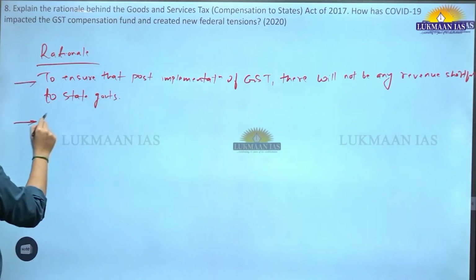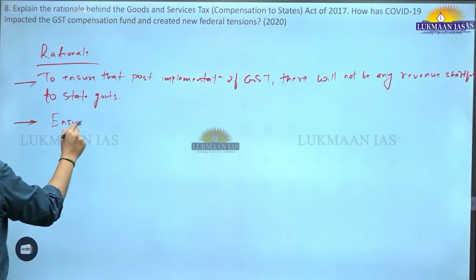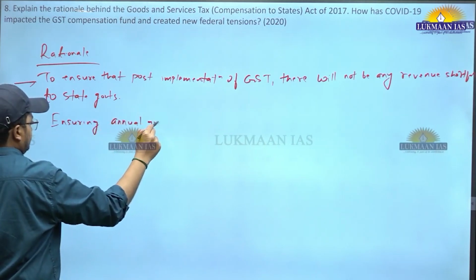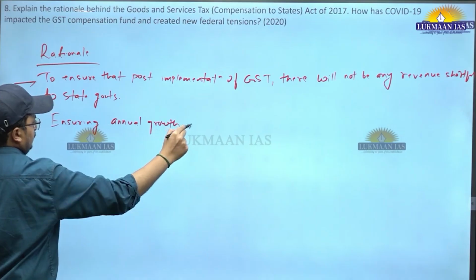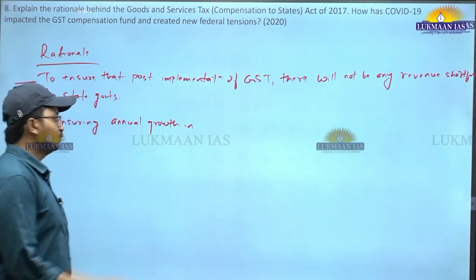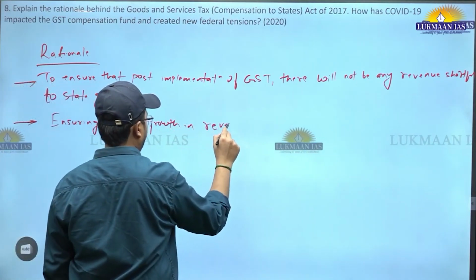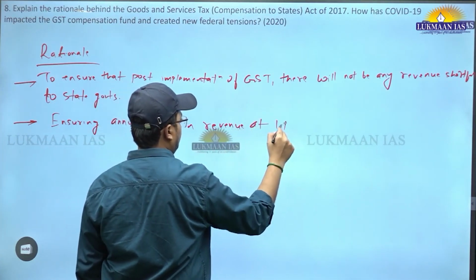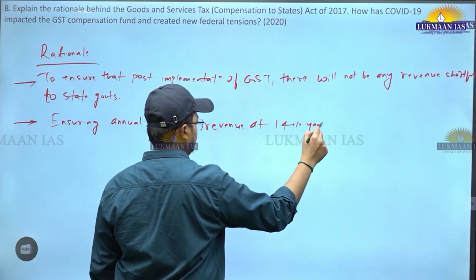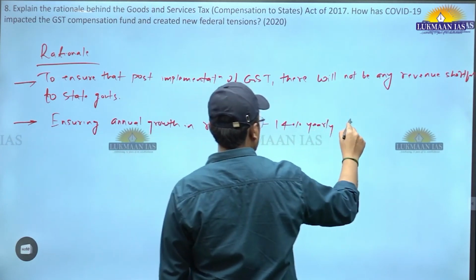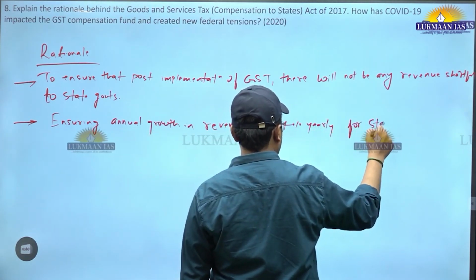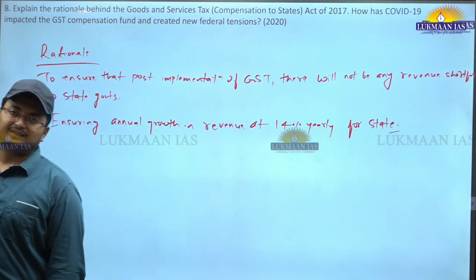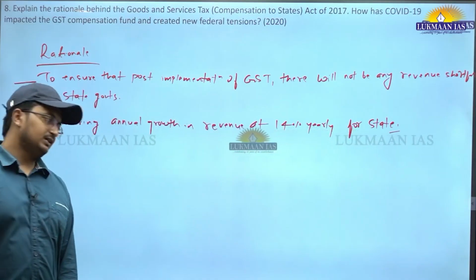First is ensuring growth in revenue at 14% yearly for states. So they have been onboarded based on these premises that there won't be any revenue shortfall. Second, there would be 14% year on year increase.